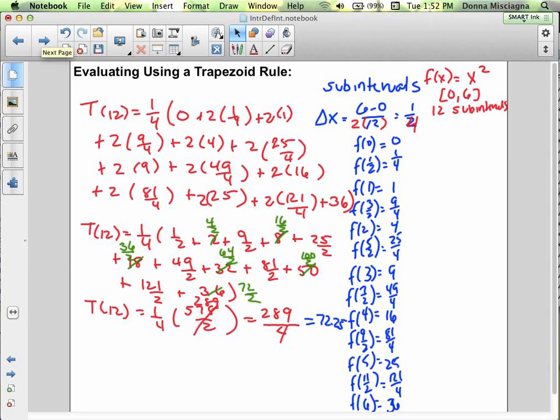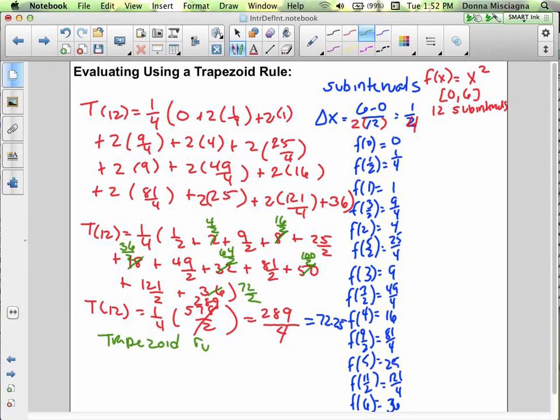Now let's think concave up, concave down. What kind of function is this? Well, f of x equals x squared. This is concave up. So as a reminder, the trapezoid rule overestimates if f of x is concave up.